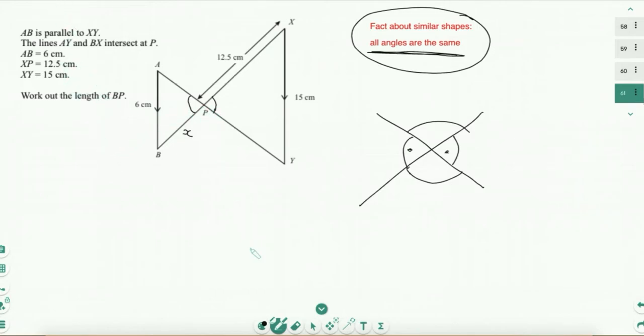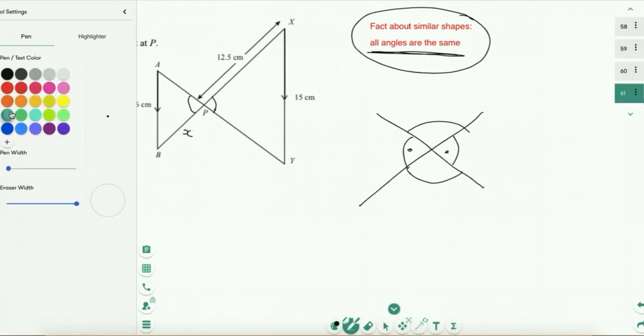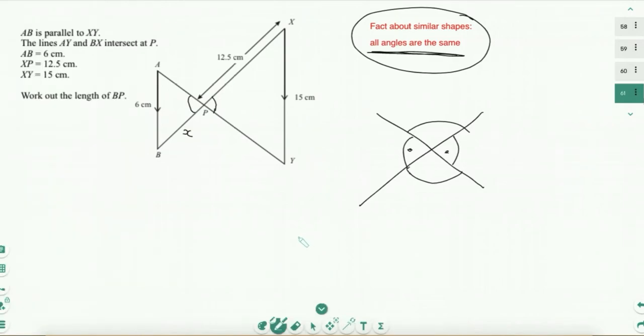The next rule, guys, is our parallel line rules. There's another fact you have to know to help you solve this problem. It's called the alternate angle rule, aka the Z rule. Let's say you have two parallel lines, and there's a line drawn across, so it makes the lines look like a Z. The angles inside the Z are always the same. Can you see a Z rule in this question?